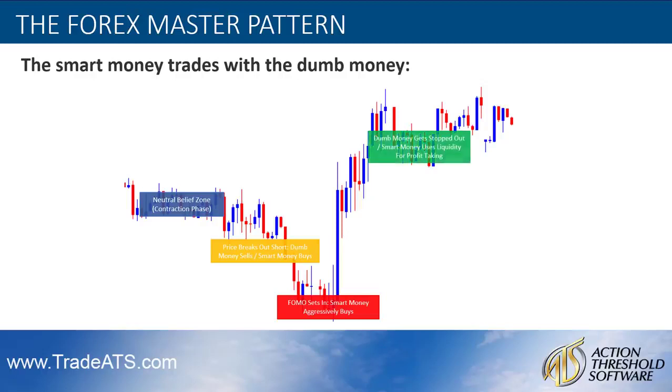And then as all those traders get stopped out as the market goes up, then the smart money uses that liquidity to take their profits out of the market, and then the market sets up again and starts going back into the contraction phase. Like I said, it's just a way of doing business.